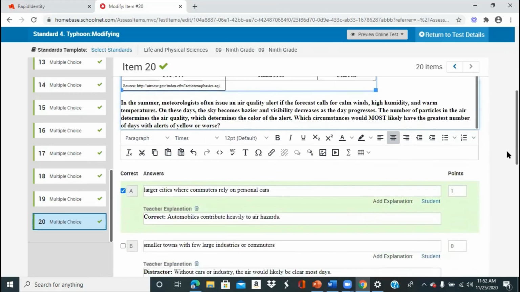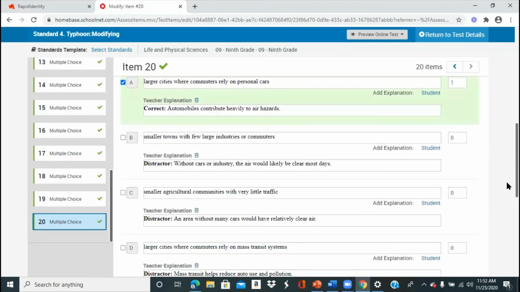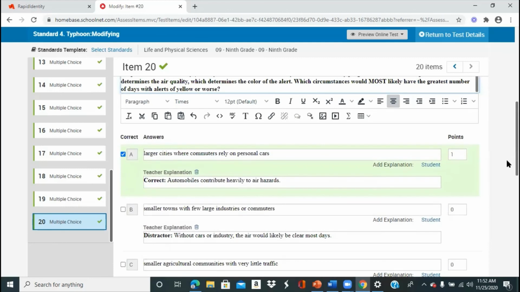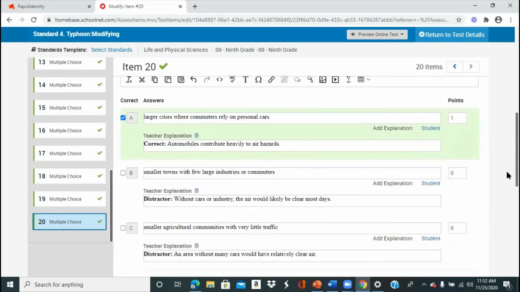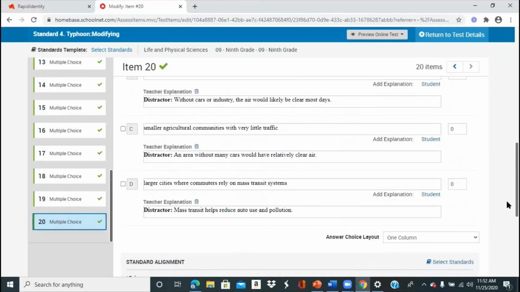In the options, if you see anything related to that, then that would be the best option. And there you go. Larger cities where commuters rely on personal cars is the worst place to stay when it comes to having very poor air quality.